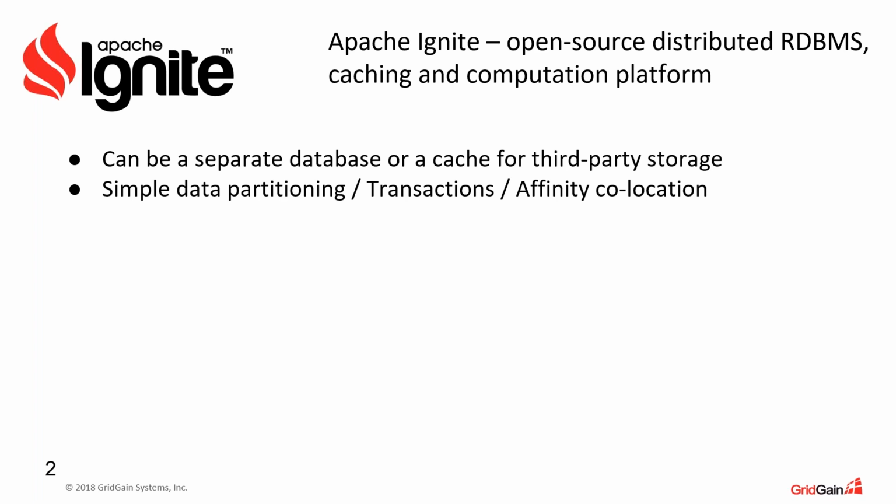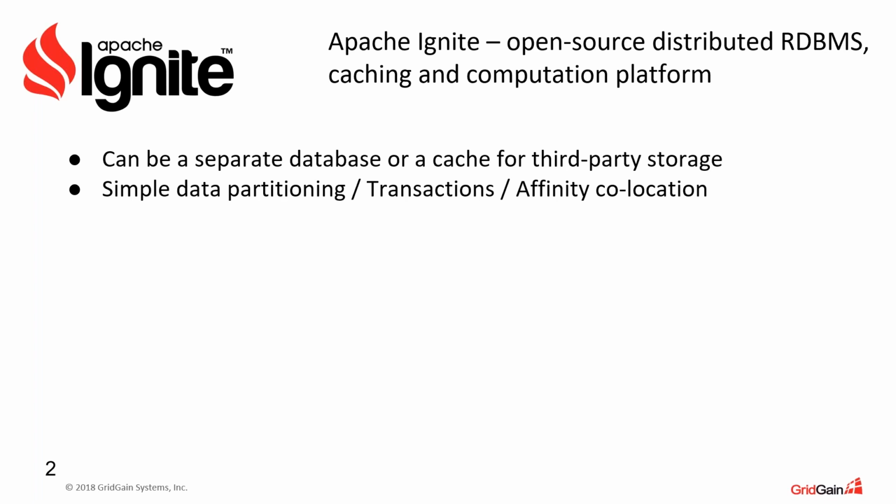So when you change your topology, partitions are simply moved from one node to another in background. Also, there are distributed transactions in Apache Ignite. They are fully ACID compliant transactions. You may specify any isolation level you want and gain all the transactional guarantees.